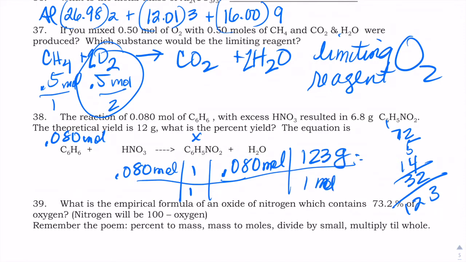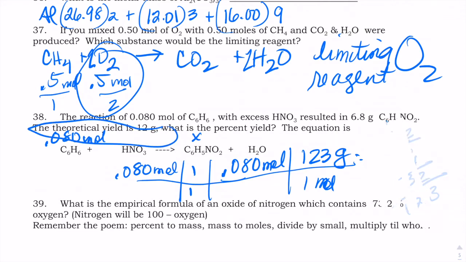That will give me my theoretical yield, which should be 12 grams, because I just did all the math and realized it's right there in the equation. How do we calculate percent yield? You take your amount, 6.8, divided by the theoretical yield, times 100, and you can do the math.